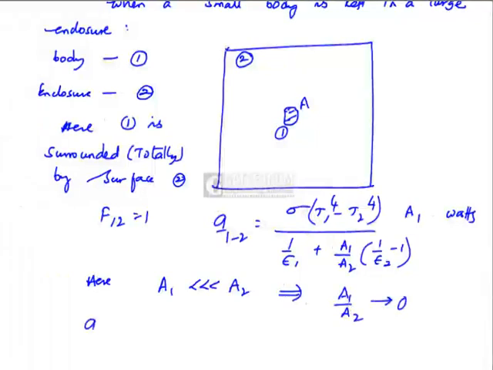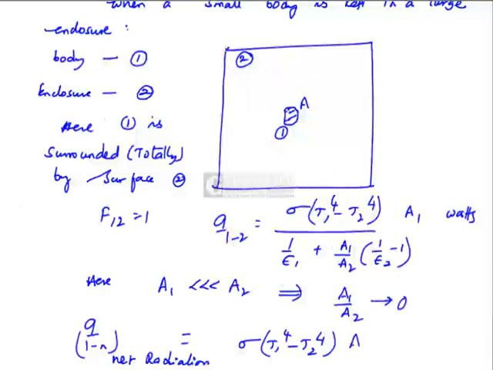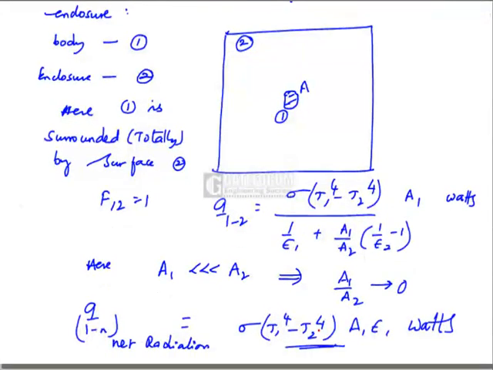In such case, Q12 net radiation heat exchange is given by sigma into T1 power 4 minus T2 power 4 into A1 into epsilon 1. So many watts. This is the net radiation heat exchange by the small body kept in a large enclosure.